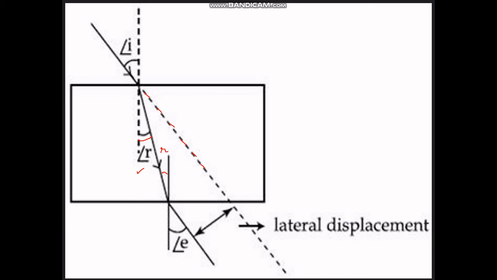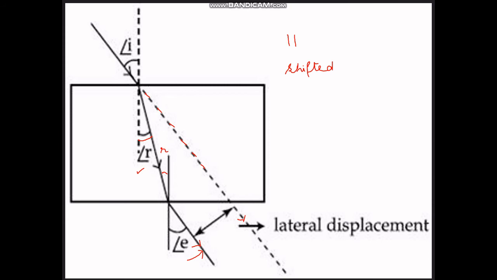And when it came back again in the same medium, that is air, it had bent away from the normal. Now you can observe that this emergent ray and the incident ray are parallel to each other. So the light has shifted from its original path. The direction of the light remains the same, but it has shifted from its original path.